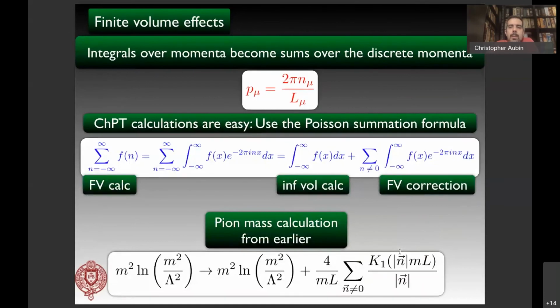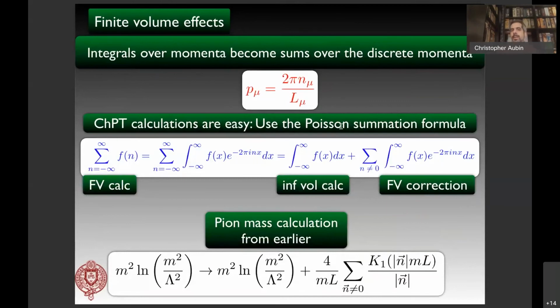So how do we incorporate them in our theory? Any integrals in quantum field theory that are over momenta become discrete sums because of the finite volume; our nice Fourier transforms become Fourier sums.